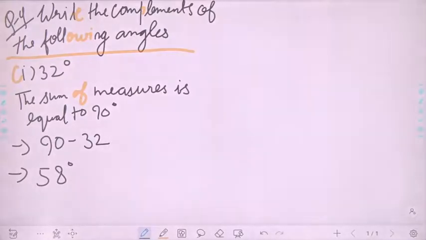Now move to the next, that is second part. Now we have to solve like this.